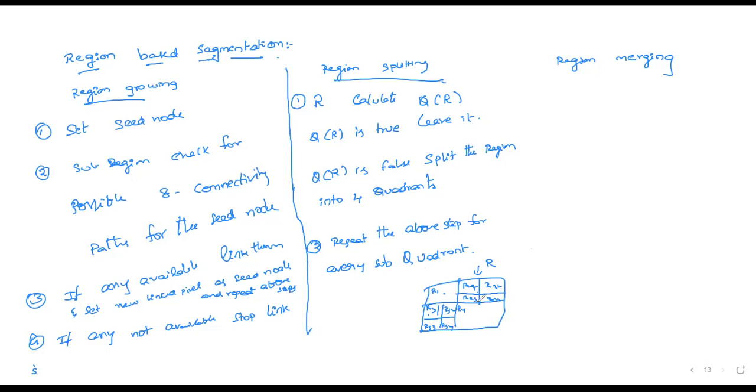Okay. So you can represent this one in a quad tree. So first is R. R is split into 4 regions. R1, R2, R3, R4. Right? Again, R2 is split into 4 parts, right?